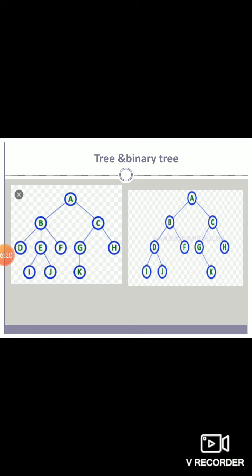But in the tree there is no restriction on the number of children. See here, D, E, F are the 3 children of node B. But in the binary tree, I and J are the children of D, and G and H are the children of C. So the maximum number of children is 2. It may be 0 or 1, but at most 2.